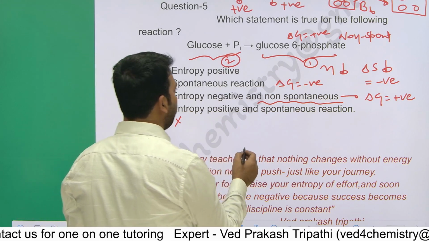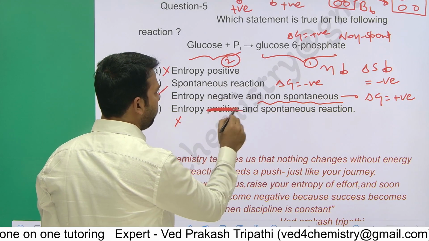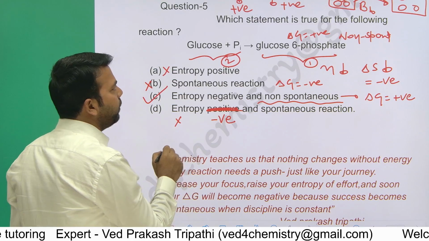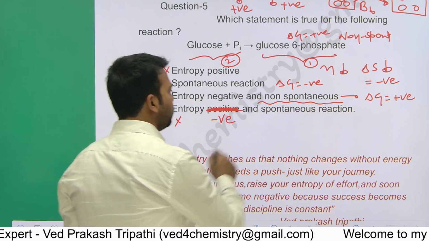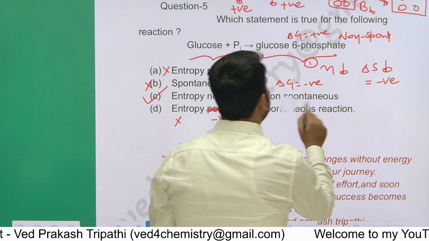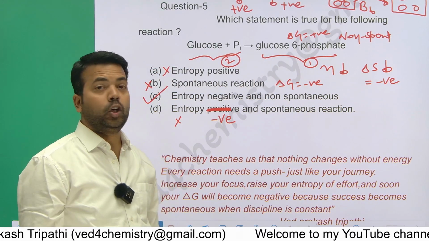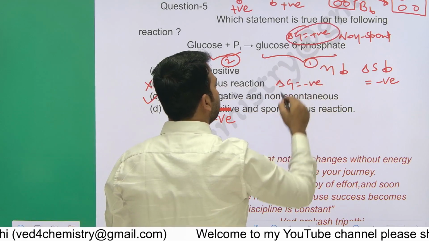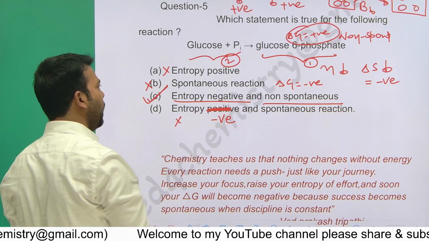Here it should be another option. If we have entropy negative here, then oh wait. Yeah, I think that's the correct answer. The delta G is a positive value, so positive means non-spontaneous. Yes, that's right. So the reaction is non-spontaneous and entropy negative. So option C is absolutely right.